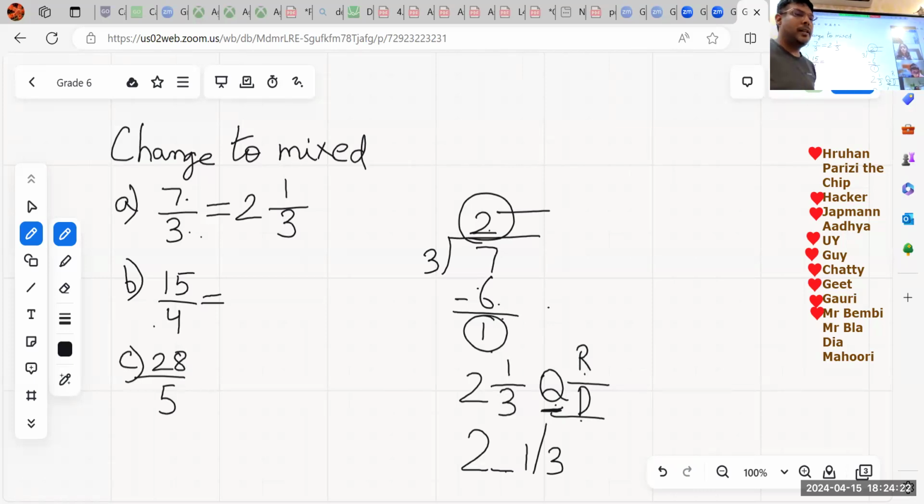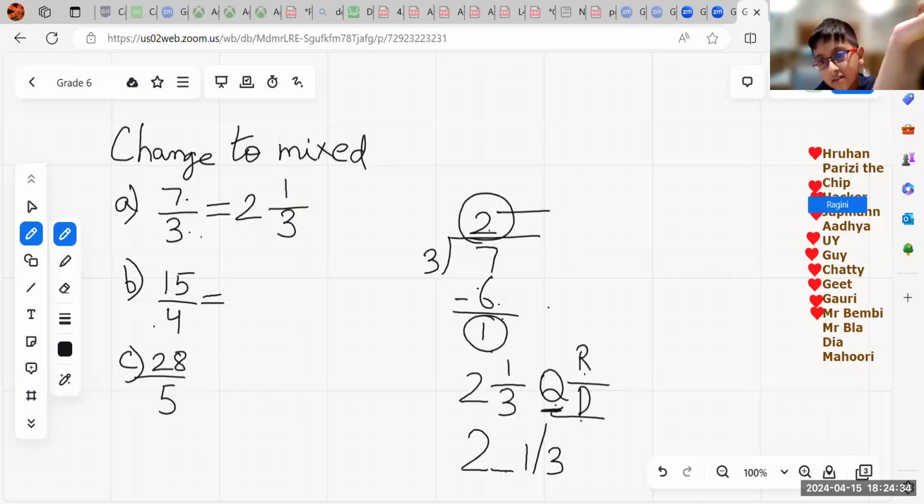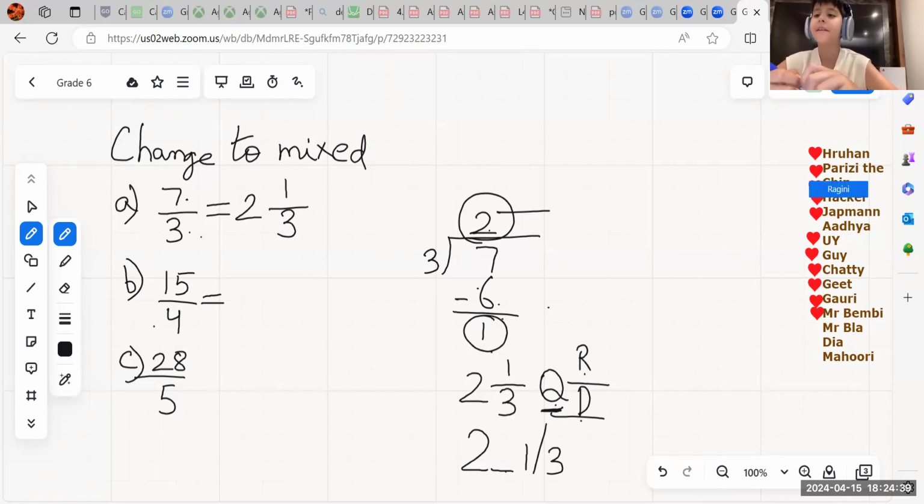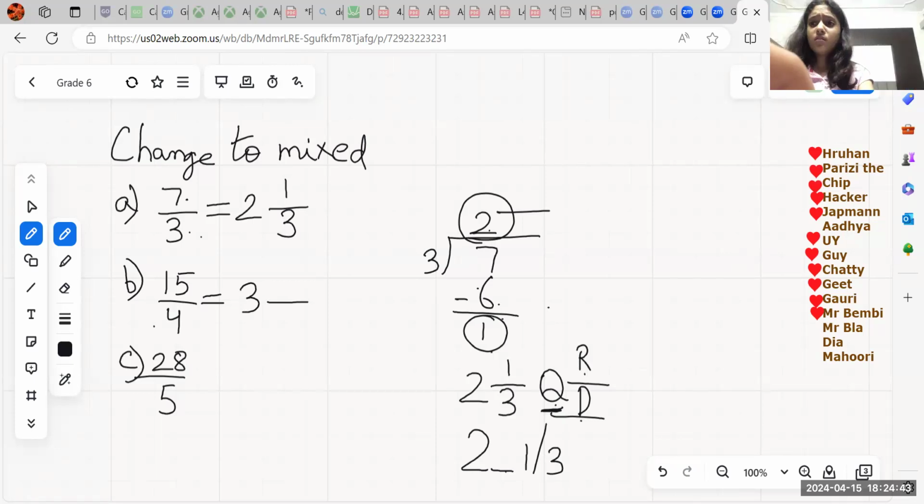It's just fractions with a negative sign, nothing else. Which is the most difficult chapter in grade 6? Grade 6 linear equations is the most difficult chapter. In 7th? Sir, in 7th also would be difficult, right?